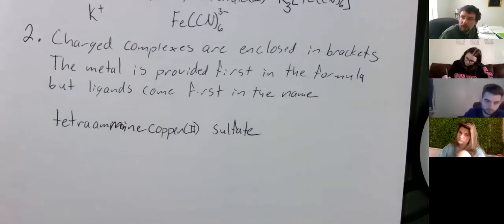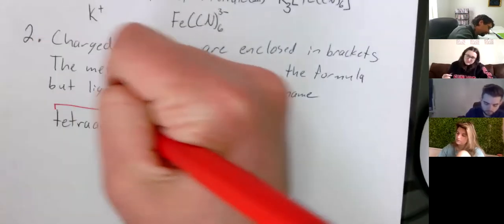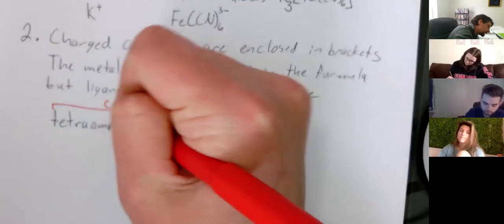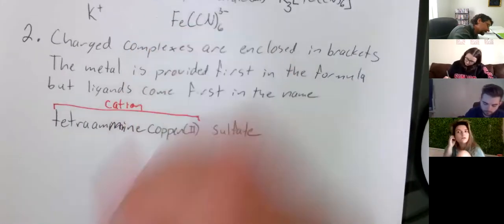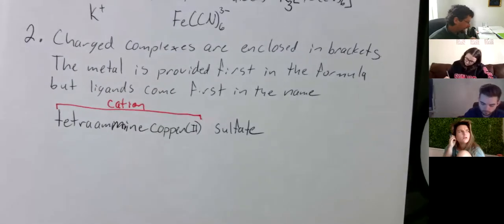Okay. First thing we want to do is decide what's our cation and what's our anion. What is our cation in this case? Tetraamminecopper(II). Yep. Not the sulfate. That's the cation. And what's the anion? Sulfate. Yep.